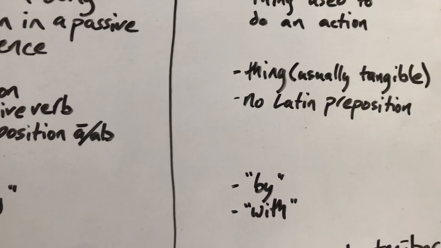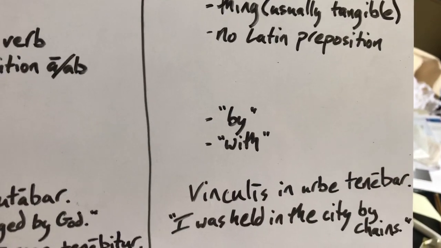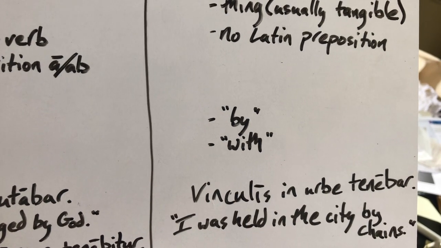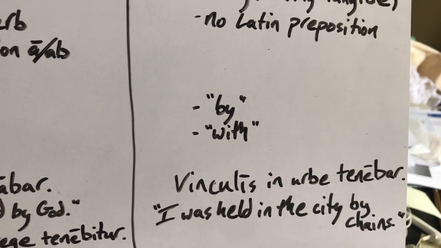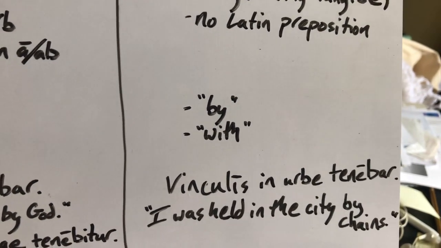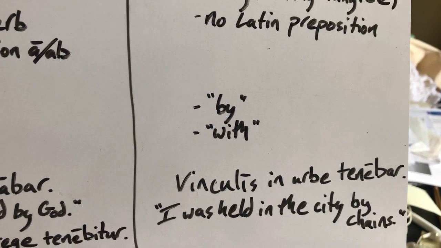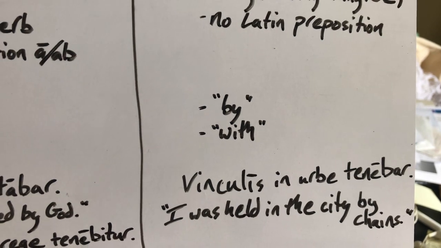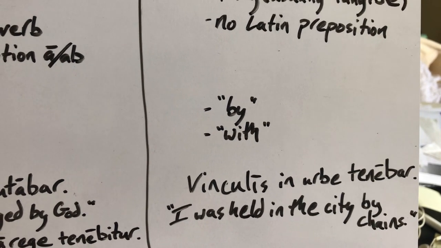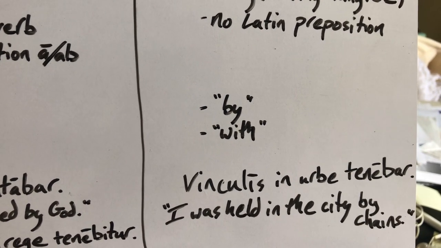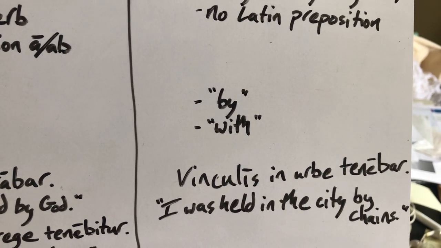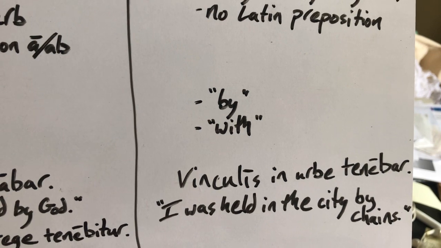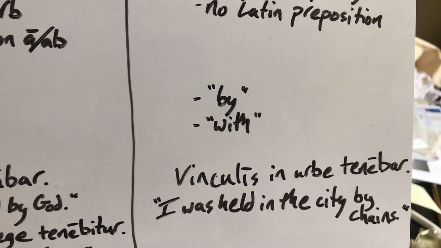And then an example here: I was held in the city by chains, or with chains. So chains were being used to hold me. You'll notice chains is not going to be an ablative of agent because chains are not people. It's a thing, and it's what's being used to hold me.